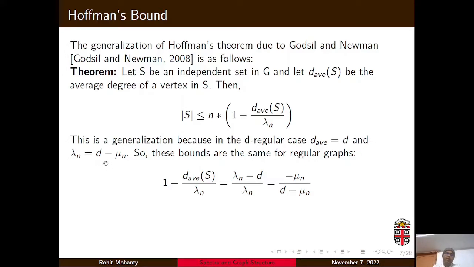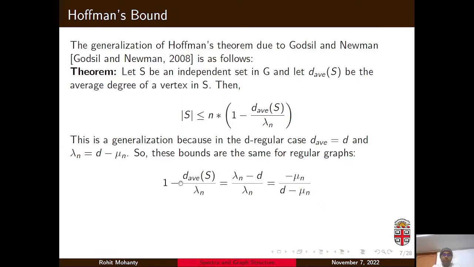And as we already know, lambda n is equal to d minus mu 1. So these bounds are the same for the regular graphs, and we substitute these values in this equation, which gives us that 1 minus d average S upon lambda n is equal to lambda n minus d, over lambda n.